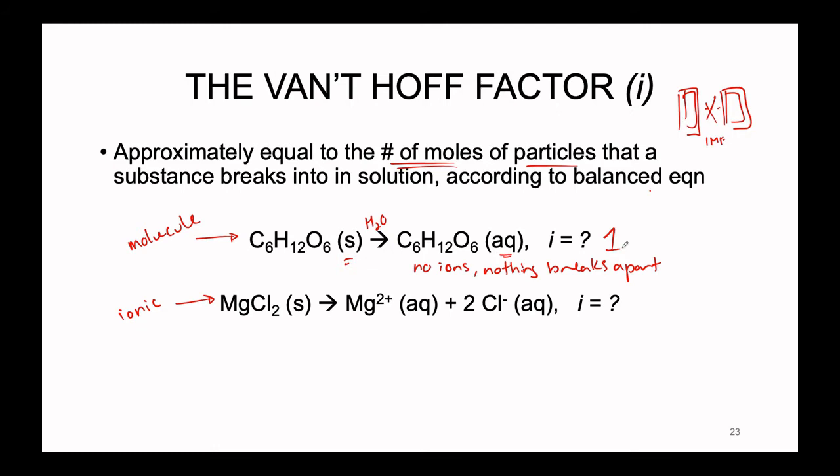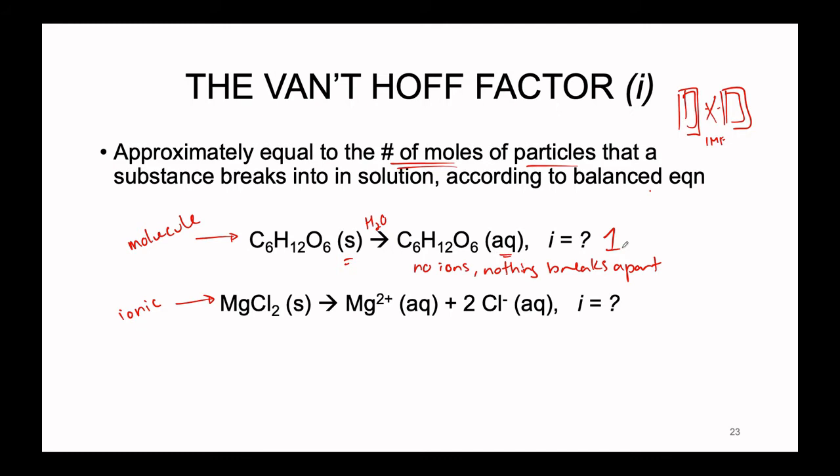If we have a lump of sugar that's comprised, let's say, of 1 trillion molecules of sugar, it will dissolve, but it will still create 1 trillion molecules of sugar, just in solution instead of in solid state. Because the ratio there is 1 to 1, the Van 't Hoff factor is 1 as well.